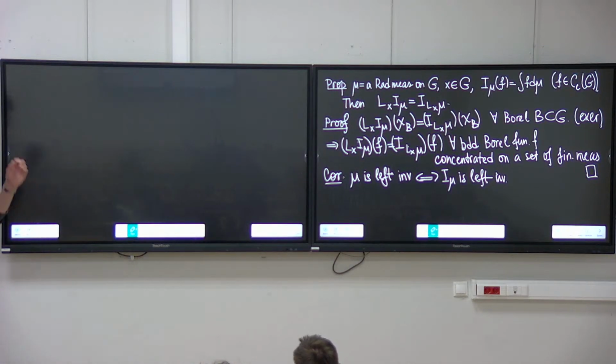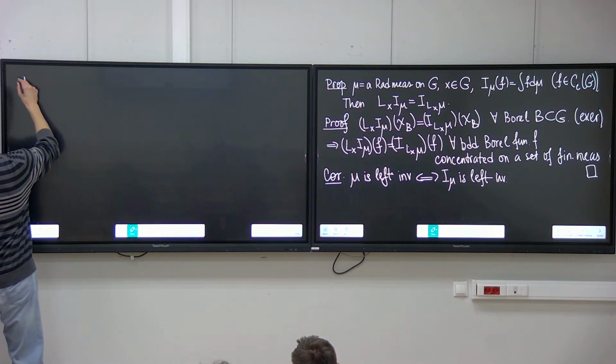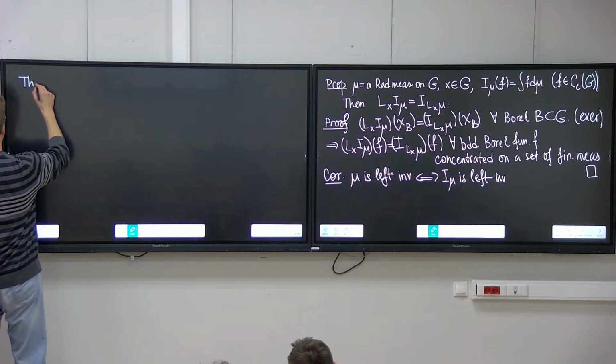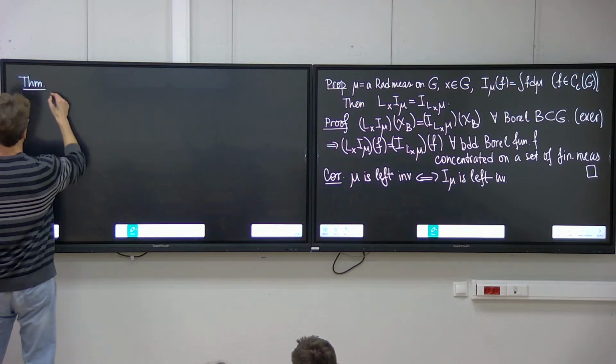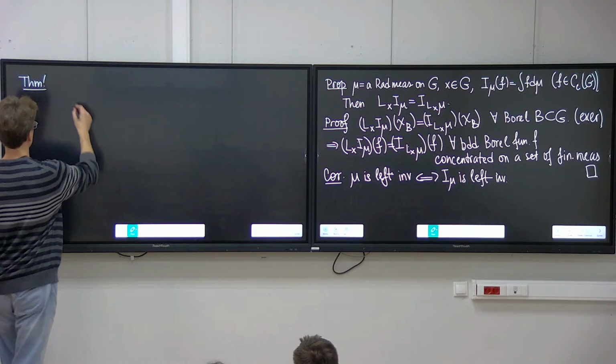So now our theorem, the theorem which we want to prove, the Haar measure theorem prime, can be stated as follows.